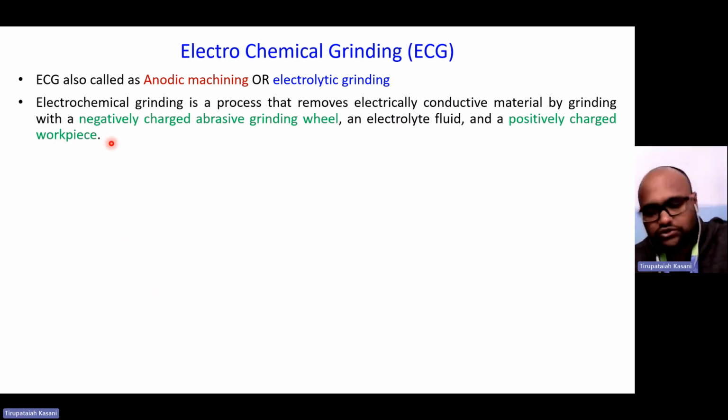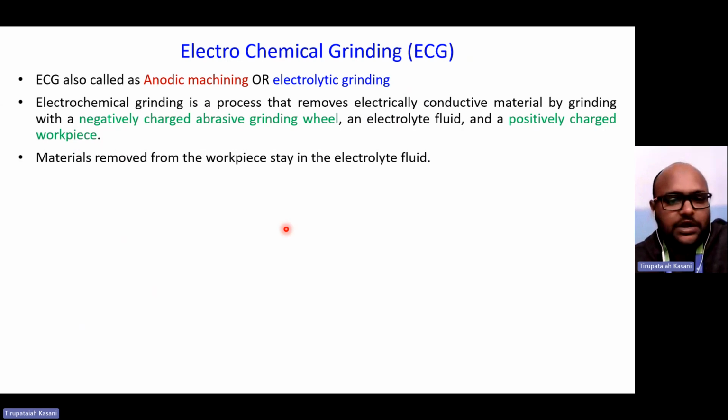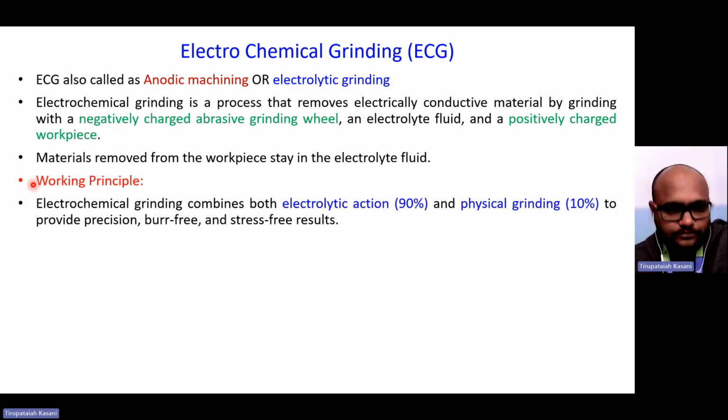We know that positive is workpiece. Materials removed from the workpiece stay in the electrolyte fluid. That is well known. That is in the form of chips.